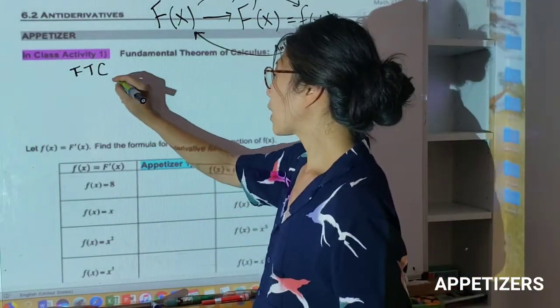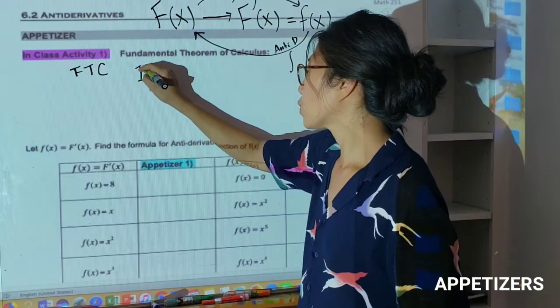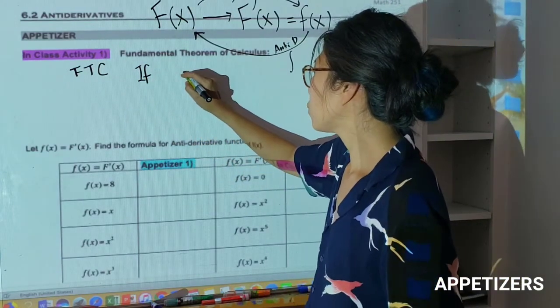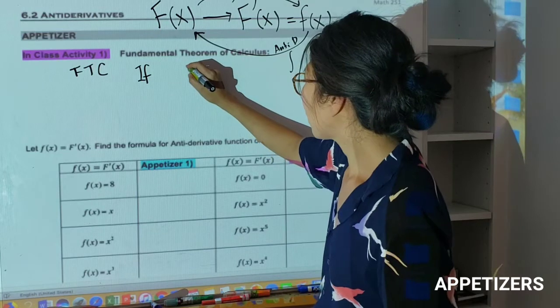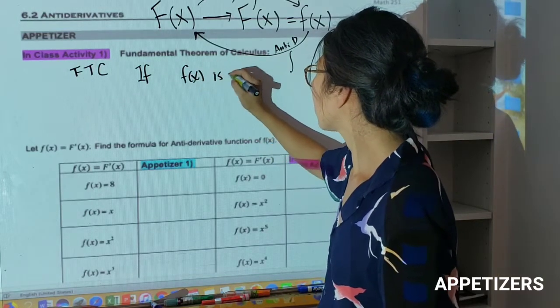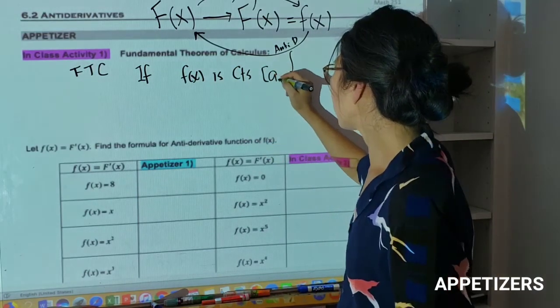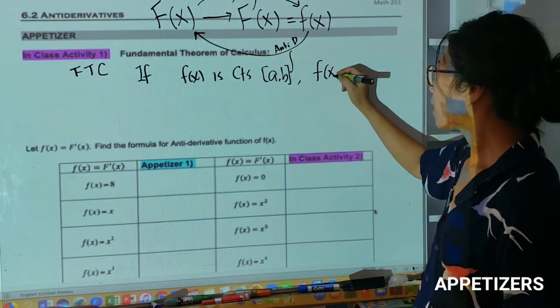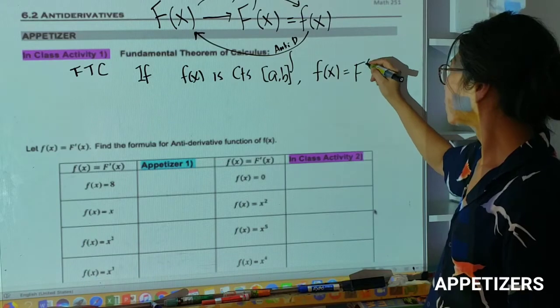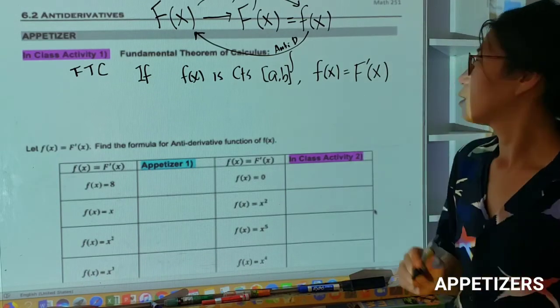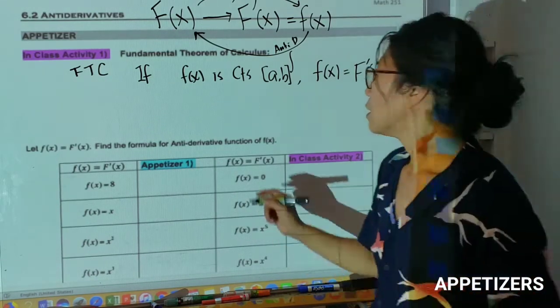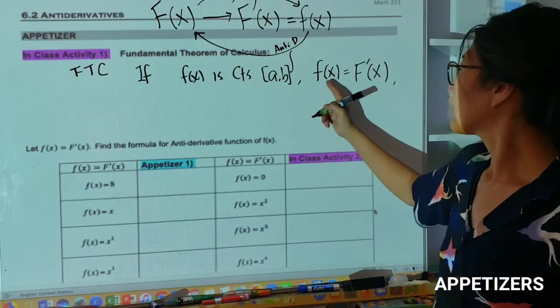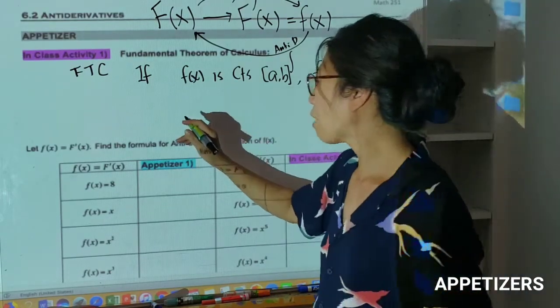So the fundamental theorem of calculus is: if your function f of x is continuous on a to b, then we say f of x is actually the derivative of the original function. Then what's the relationship between big F and little f?